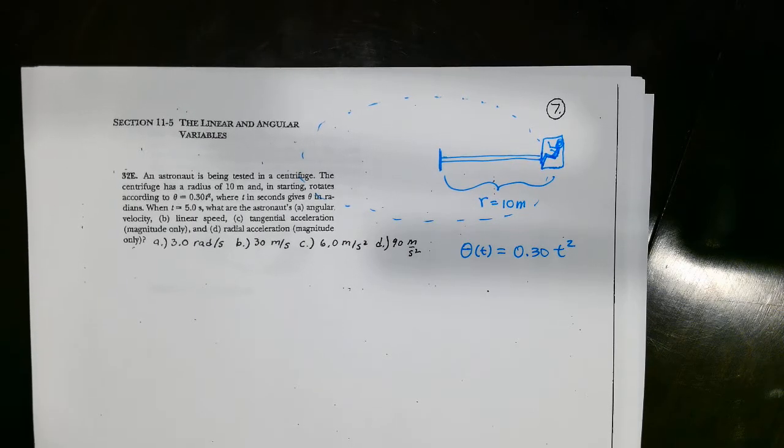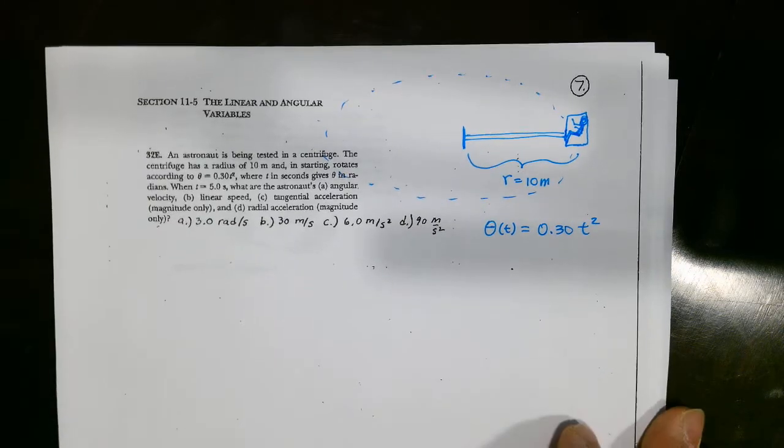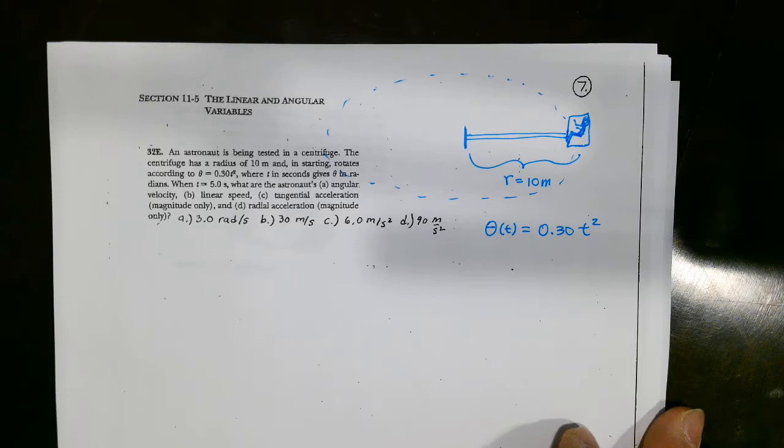When t is equal to 5 seconds, what are the astronaut's A, angular velocity, B, the linear speed, C, tangential acceleration, magnitude only, of course, because it's hard to find the exact direction since it's obviously tangential, and D, the radial acceleration, magnitude only. All right, that's a lot of stuff we have to figure out.